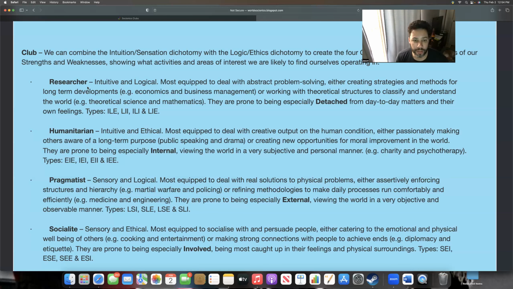Now, here, the economics and business management, also military things, other pragmatic versions of sciences, is where you're more likely to find maybe your ILIs or your LIEs. This is your INTJs if we're doing MBTI speak, and ENTJs over here.